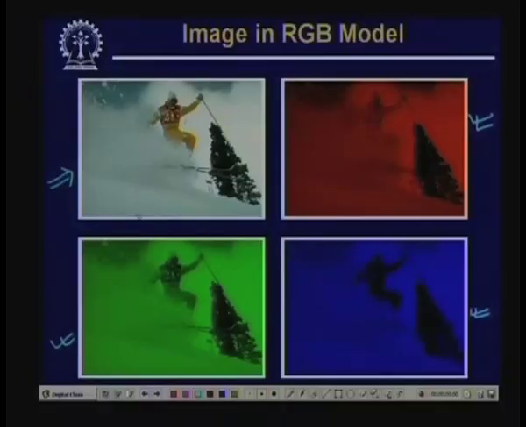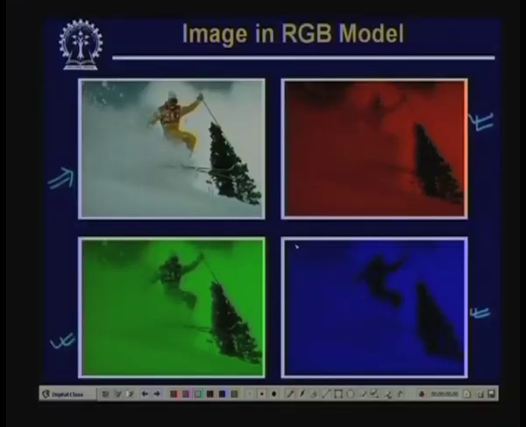So, obviously for any type of color image like this, we will have 3 different planes, one plane corresponding to the red component, the other corresponding to the green component and a plane corresponding to the blue component.